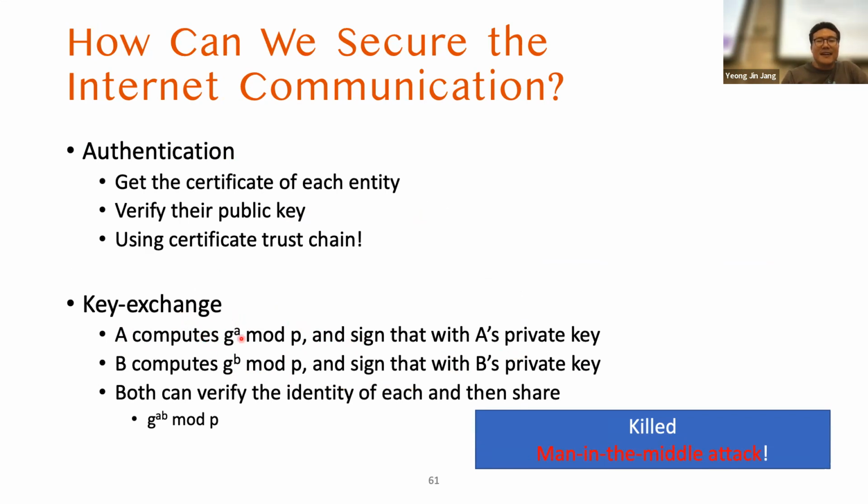Then we can verify that these numbers are from user A and user B, and ensure that there's no man in the middle. So we need to verify the certificate and PKI to kill the man in the middle attack. And after that, the two entities share g^(ab) mod p.